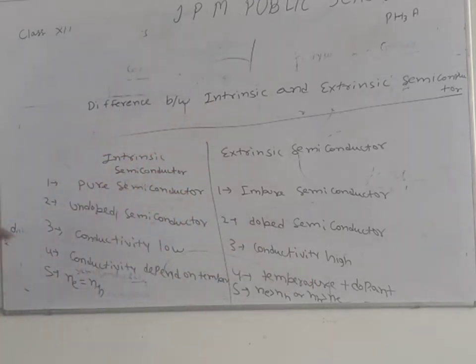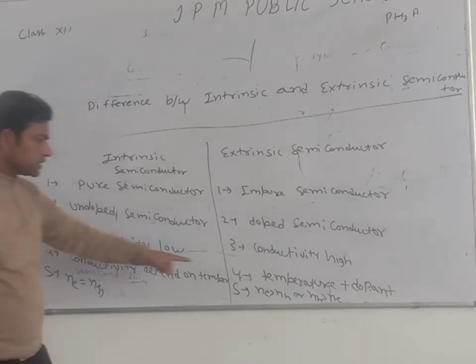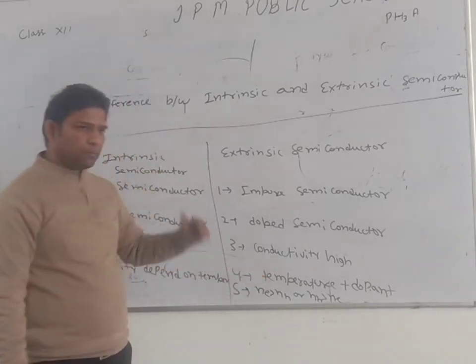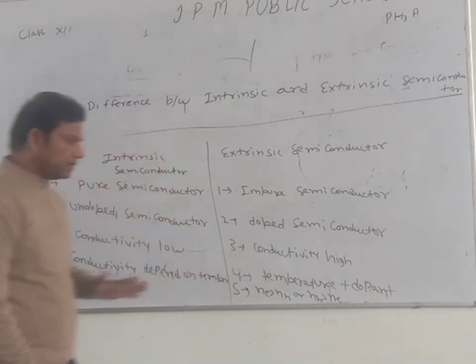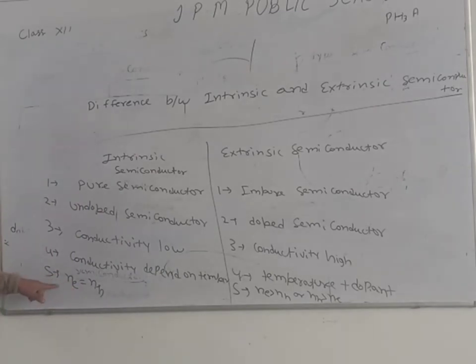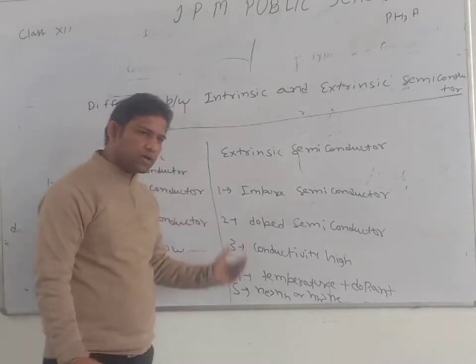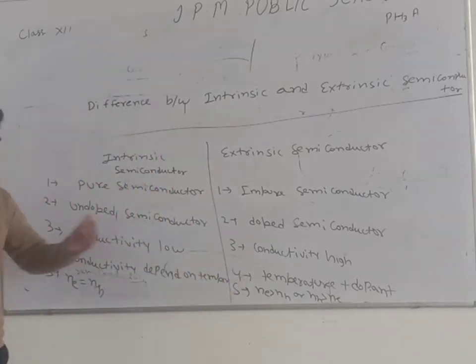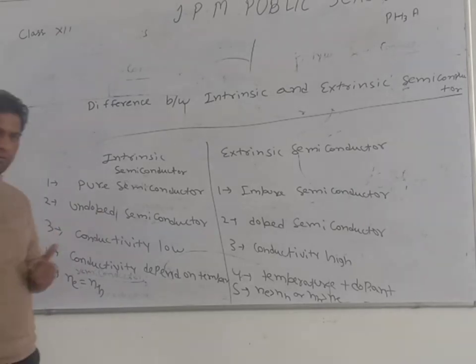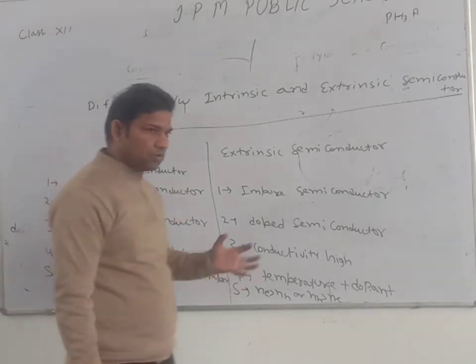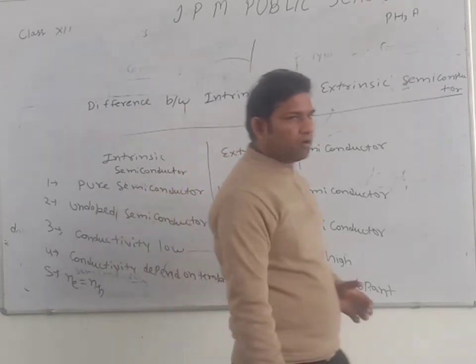Next, conductivity depends on temperature, while its conductivity depends on temperature plus dopant, meaning the impurity. And next, the number of electrons equals the number of holes in intrinsic semiconductor, but in extrinsic semiconductor, the number of electrons is not equal to the number of holes. It means the number of electrons is greater compared to holes, or the number of holes is greater compared to electrons.